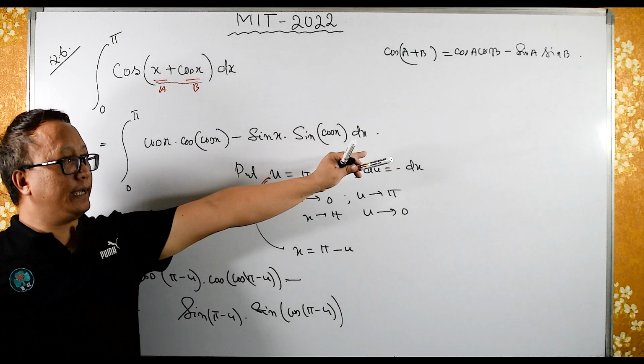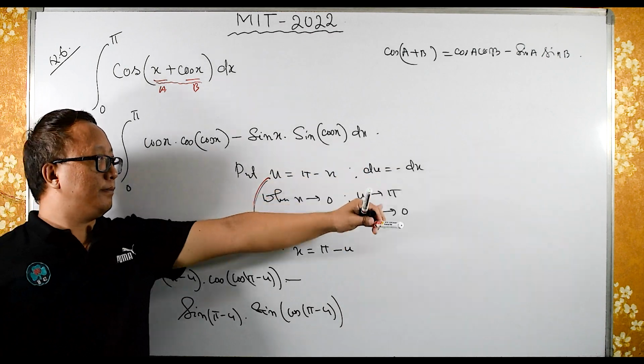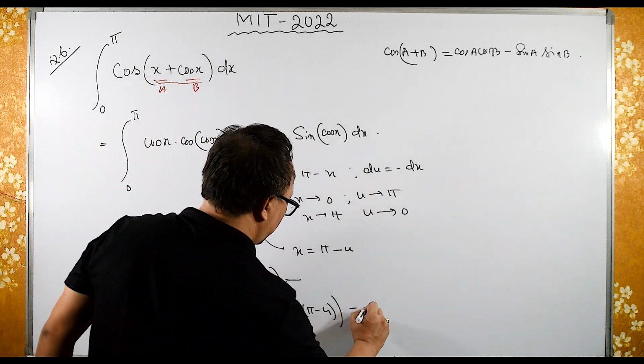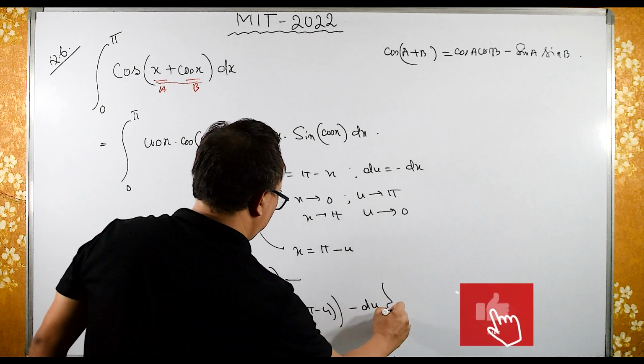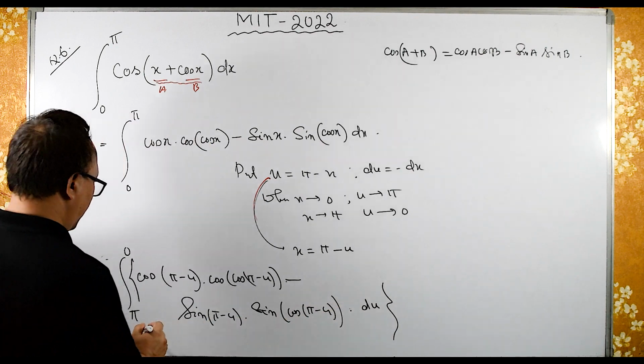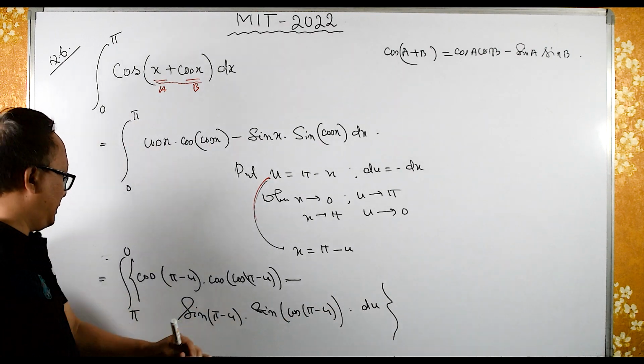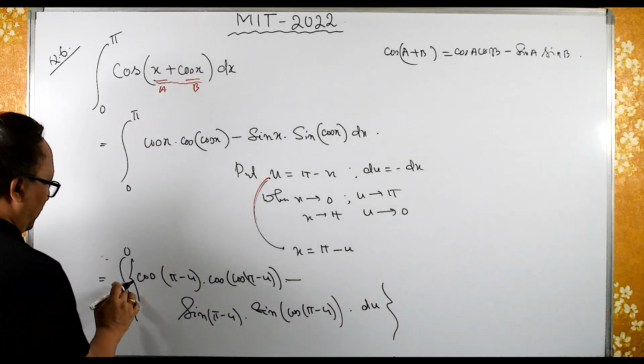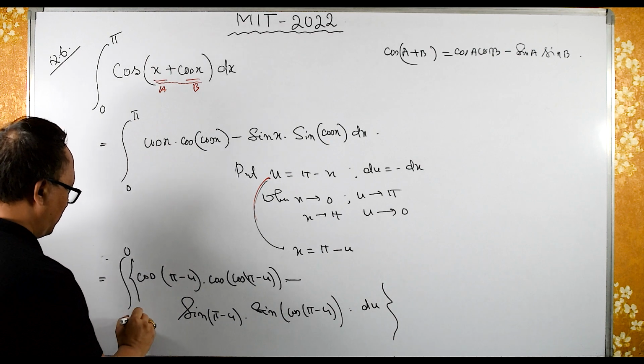And what is dx? dx is minus du. So minus du. Now this minus I can absorb by changing the limit from pi to 0 into 0 to pi.